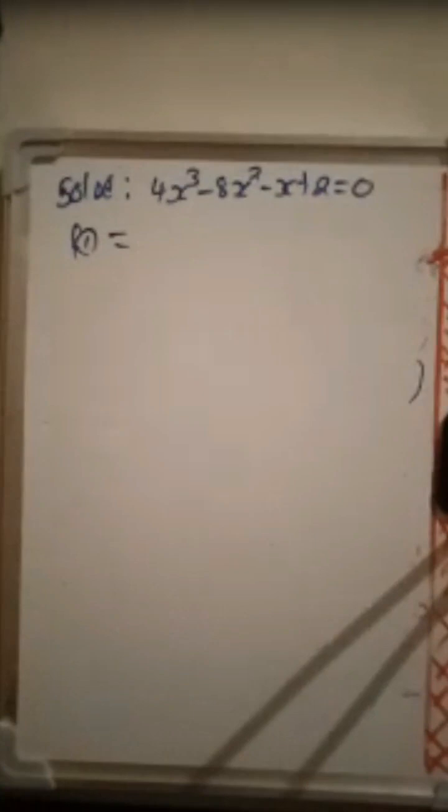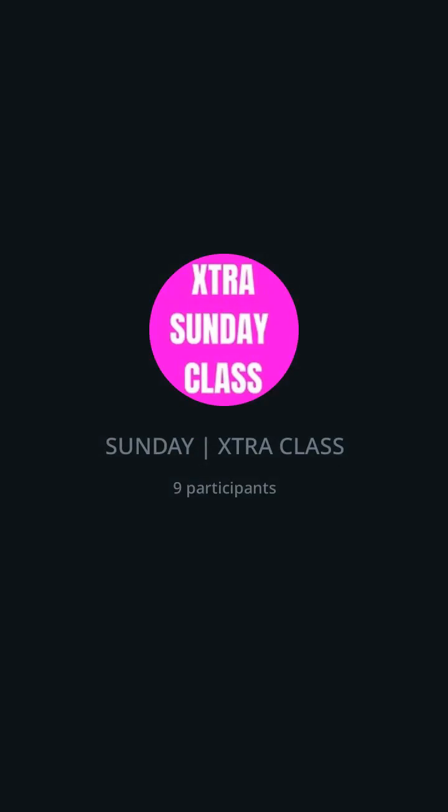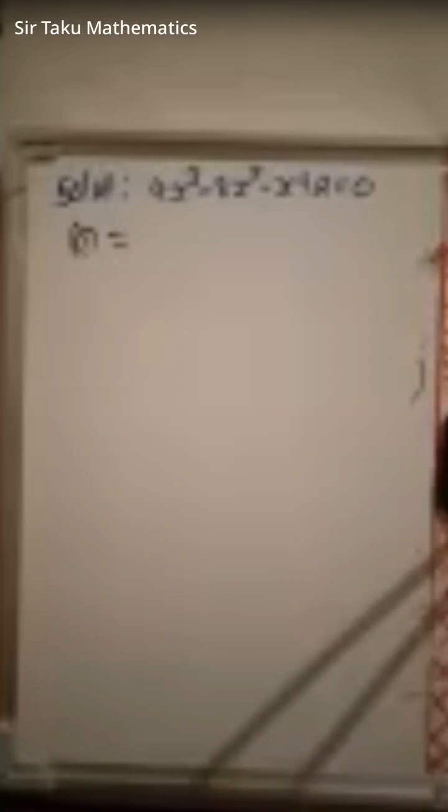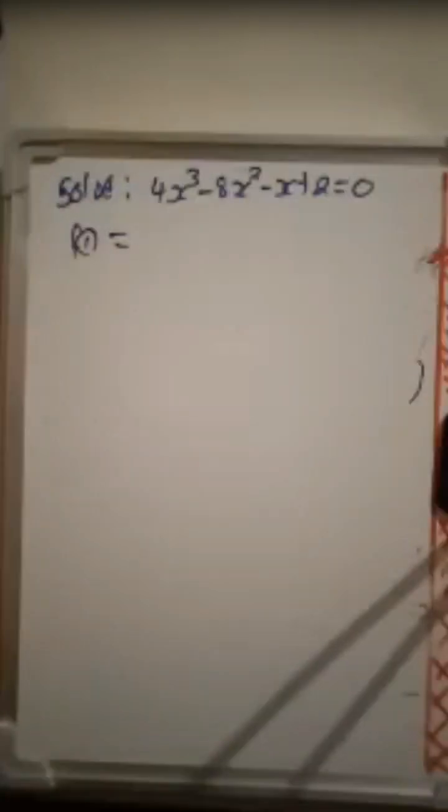Let's quickly find the factor. F of 1, what does f of 1 give us? So you take the calculator. I hope you're also doing it, guys. 4 multiplied by 1 cubed minus 8 multiplied by 1 squared minus 1, plus 2.